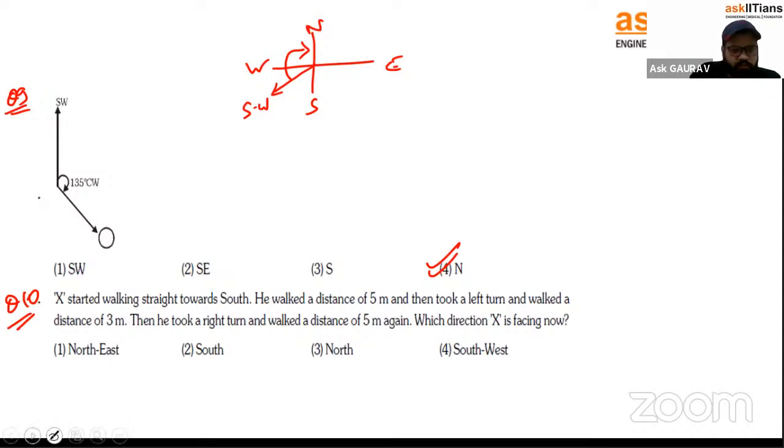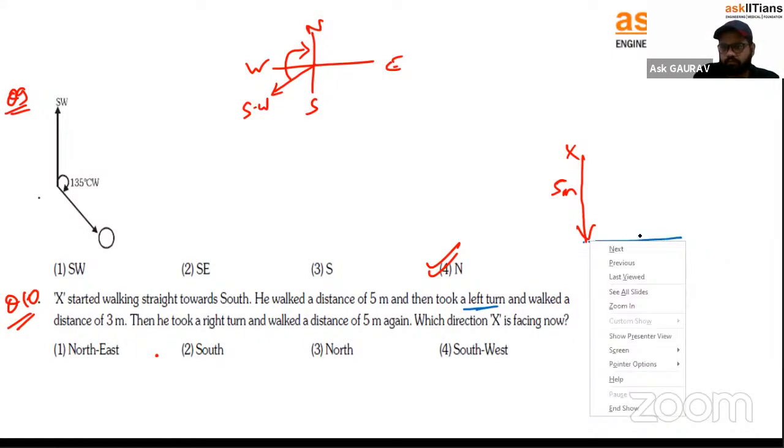See how this question is done. X is walking towards south. So let's say from this point X is walking towards south, right? And walks a distance of 5 meters. Then he took a left turn. If you are at this point, if you want to take left turn, that will be here. And walk a distance of 3 meters.